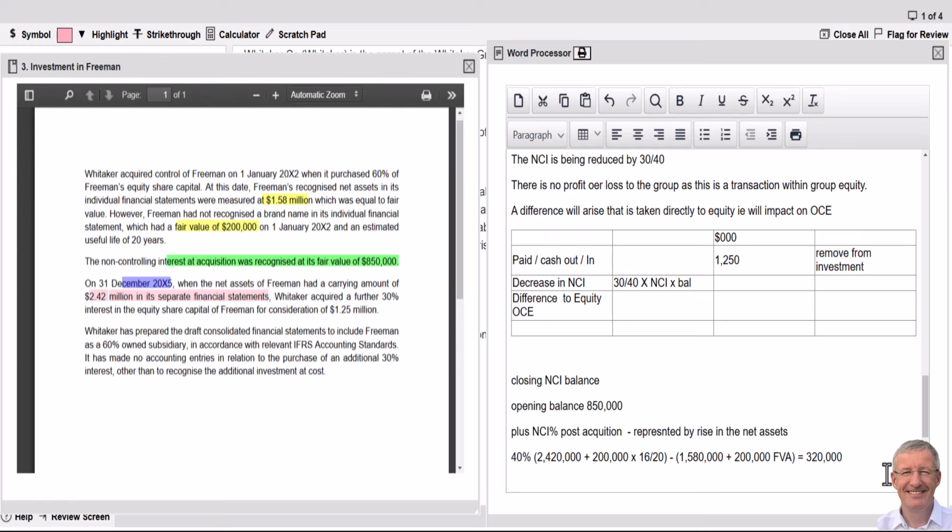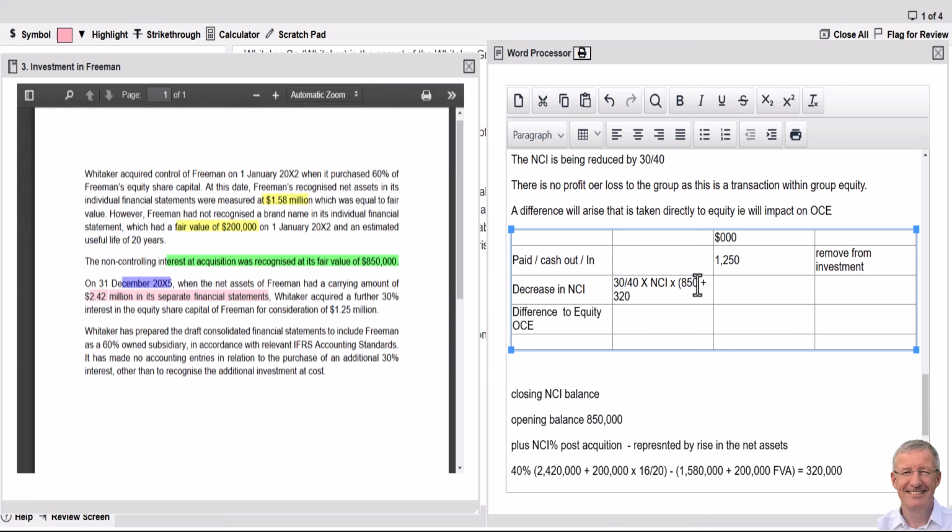So I'm just going to give you the number, which is 320, which means the closing balance of the NCI is the original balance of 850, plus the share of the post-acquisition, which is 320. And therefore, when you plug that into your calculator, you get a figure of 878. And that is the decrease in the non-controlling interest.